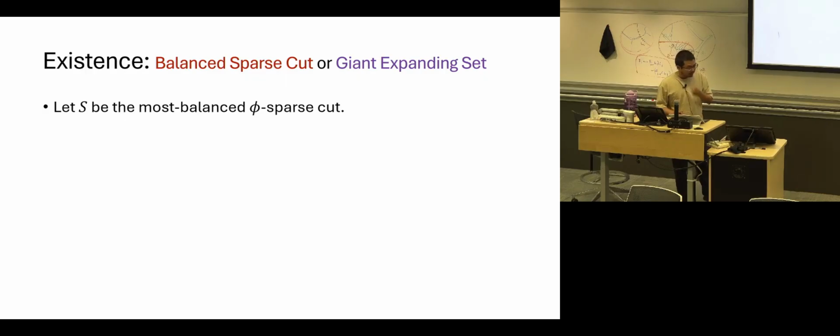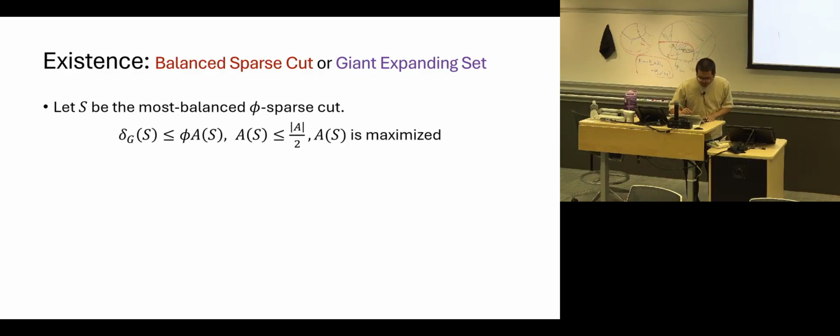The proof is just, let S be the most balanced sparse cut. What do I mean? Let's say that S is on the less-than-half side, and it's sparse, meaning the cut size of S is less than phi times A of S. So it's a phi-sparse cut.